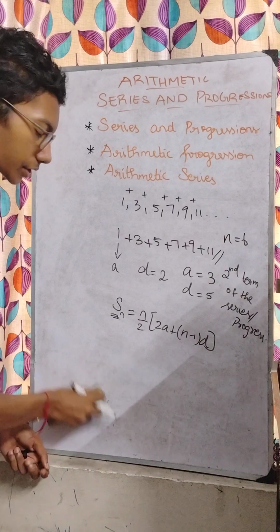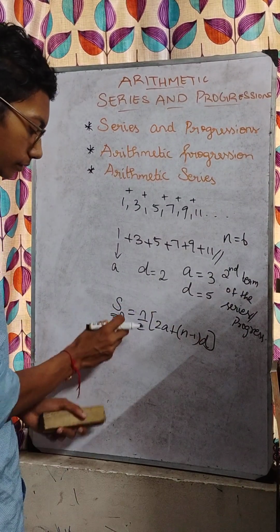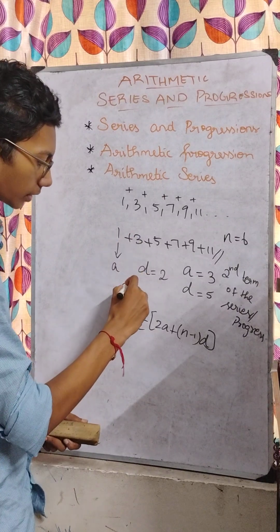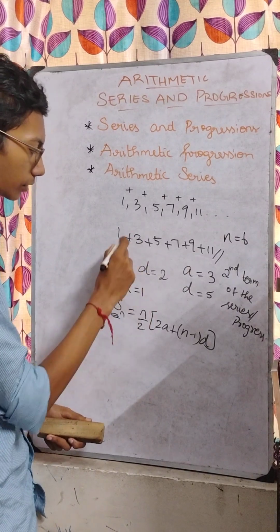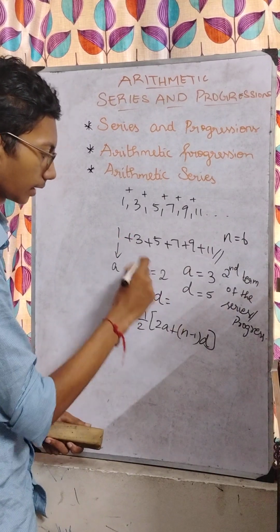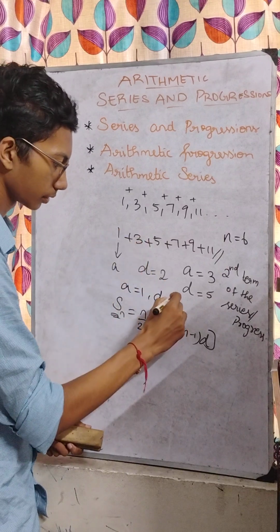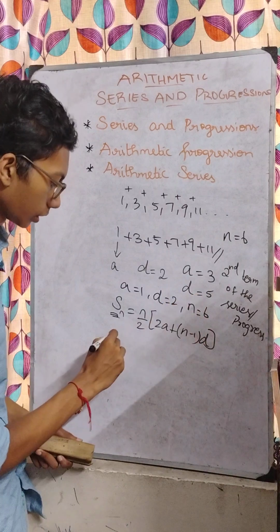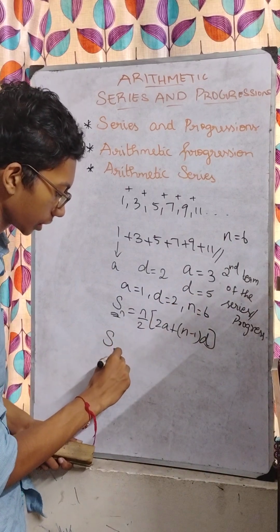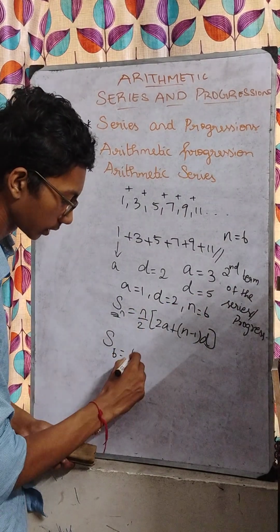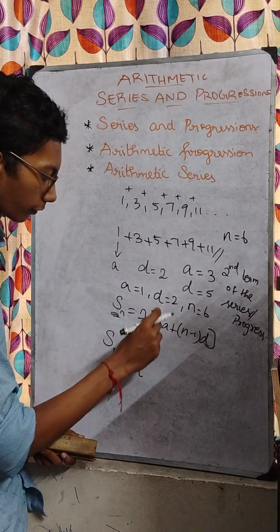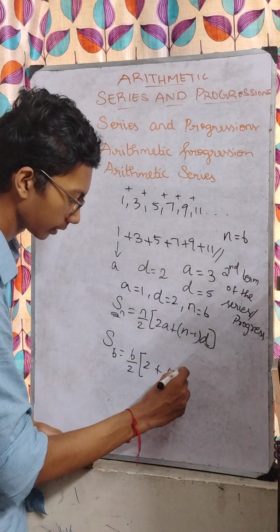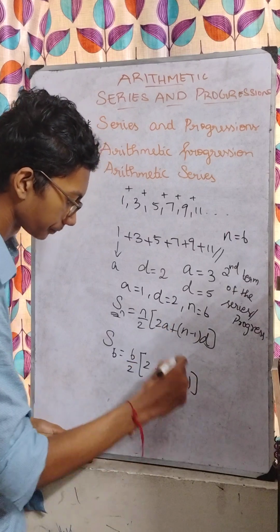For finding the sum of a series, we will use this formula. Let's take this series. We have found a as 1, as we can see. d as 3 minus 1 gives 2. n is 6, the number of terms. So the sum of 6 terms is n by 2, that is 6 by 2 of 2 times a, which gives 2, plus 6 minus 1, which is 5, times d, which is 2.